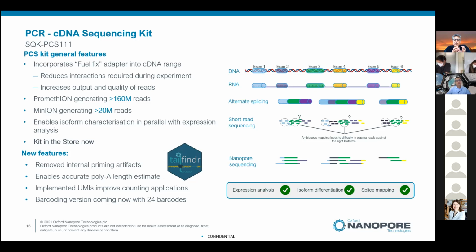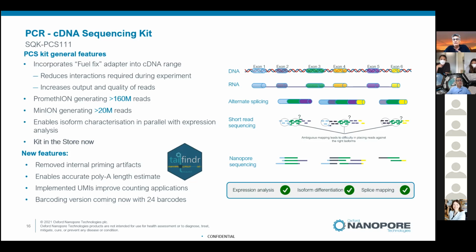We've actually modified the assay so that it removes internal priming artifacts. These used to make up 10 to 20% of your data set and will be filtered out. They're no longer generated, and therefore the increased output plus no artifacts means you get so much more useful data.